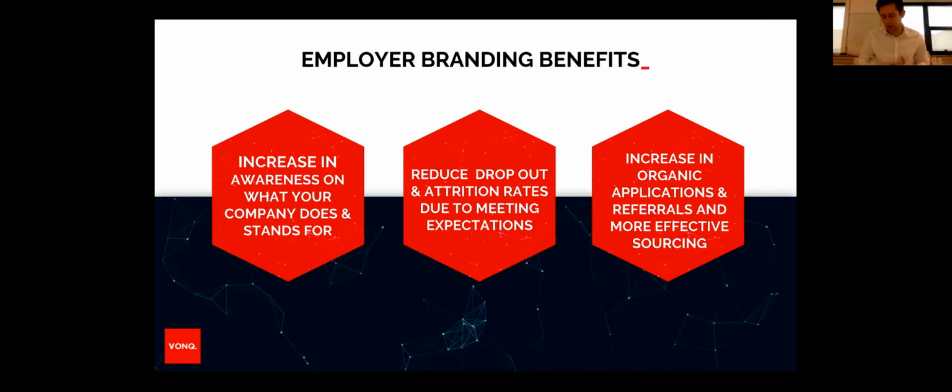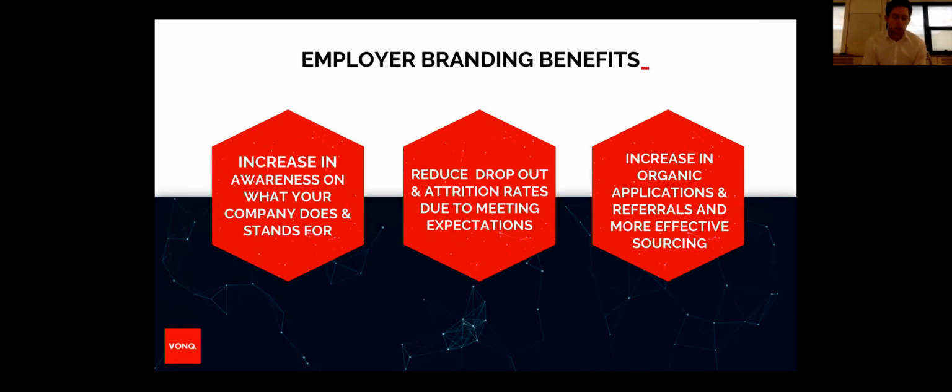For instance, you'll be looking for an increase in awareness of what your company does, what the vision and purpose are, and this will result in more traffic, for instance, or engagement on your careers website, social media channels, and content. Ultimately, this will lead to an increase in organic applications and referrals as people are more proactive in applying directly and sharing with their network as well. So this will reduce your cost and time to hire.